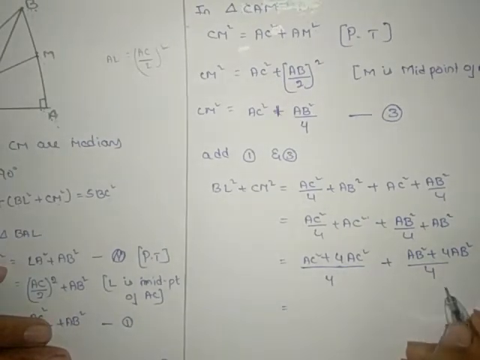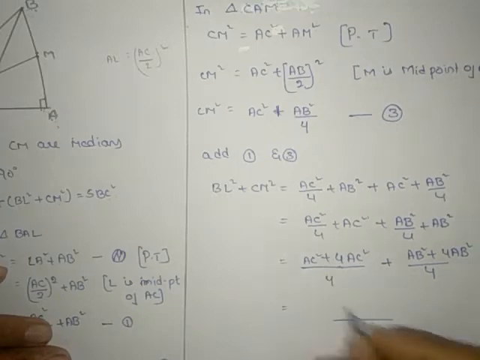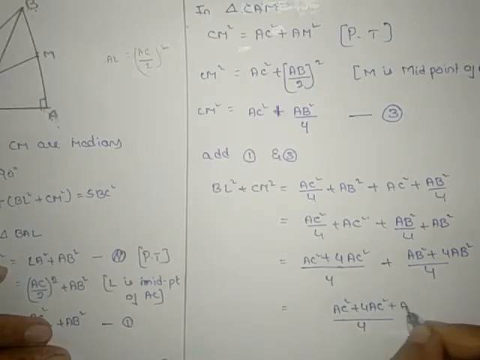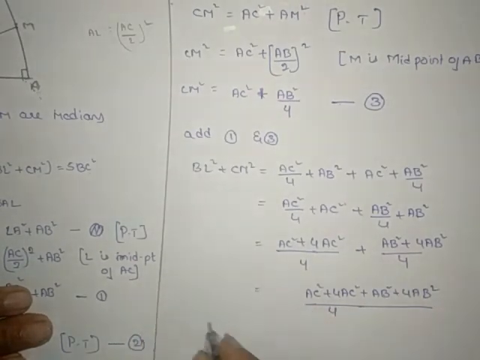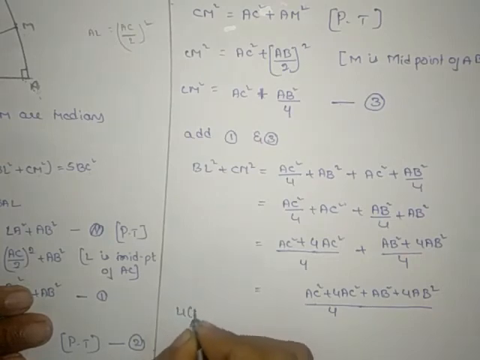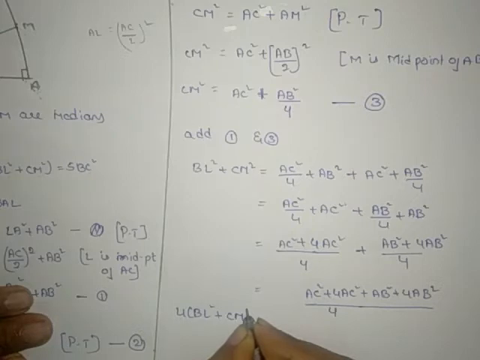Isn't it? Again we'll take LCM. We'll get 4 only. We'll add all those. AC square plus 4 AC square plus AB square plus 4 times AB square. We'll bring this 4 to the left hand side. So we are able to get 4 times BL square plus CM square.